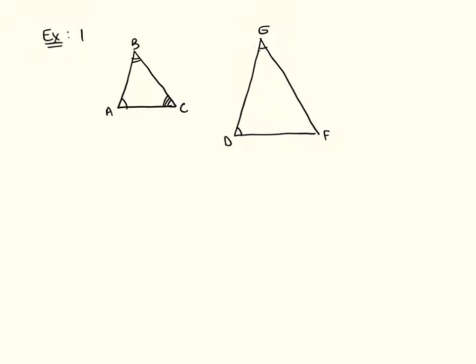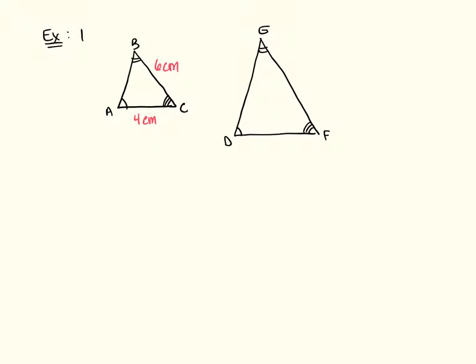Now, I'm not going to make you write down the corresponding parts, but instead, we're going to use those corresponding parts to help determine different measurements. So, what we're going to add now is an actual measurement of 4 centimeters for line segment AC, and line segment BC is 6 centimeters.